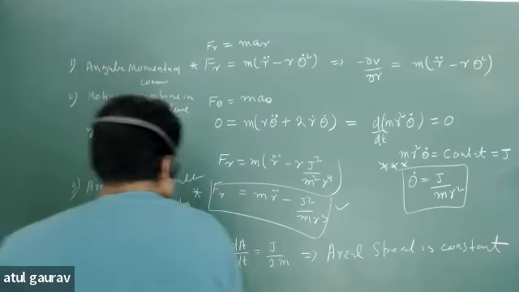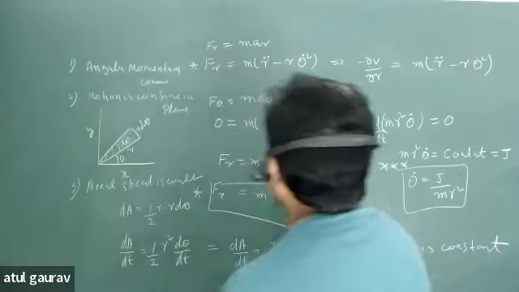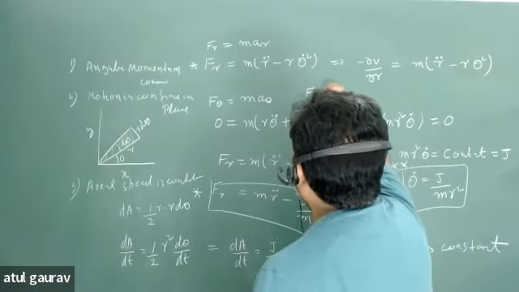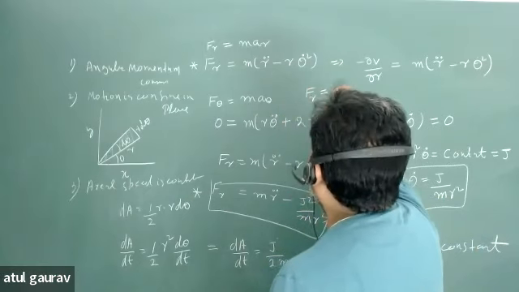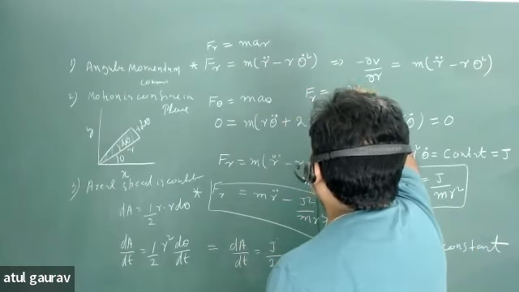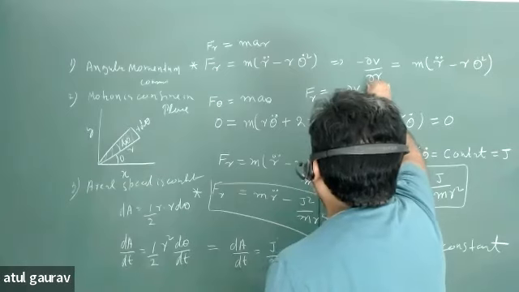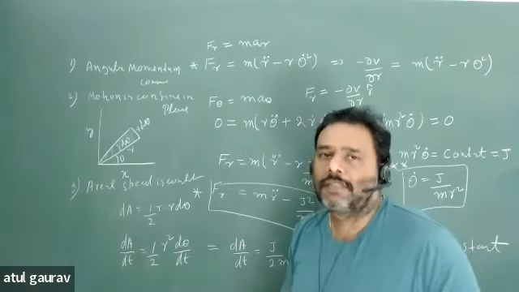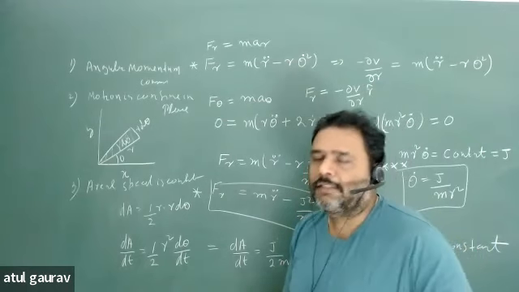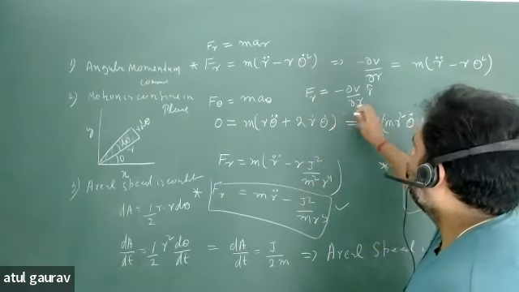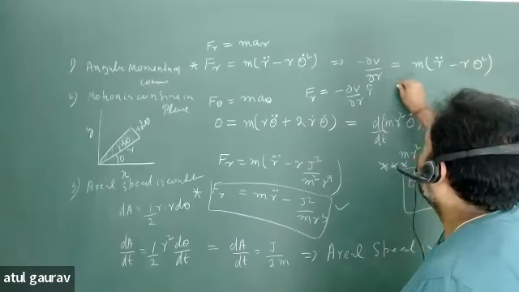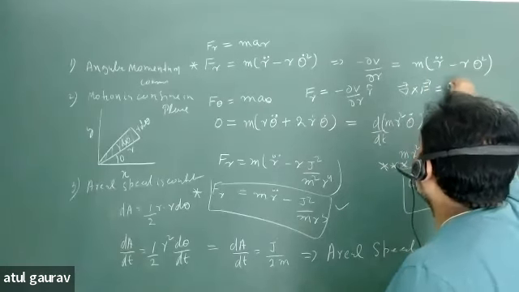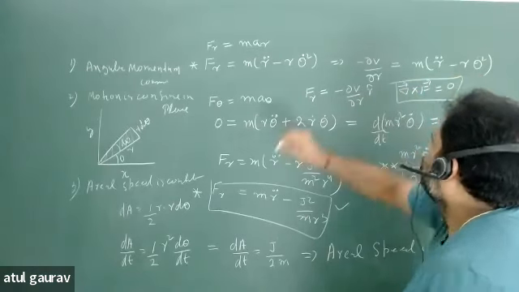And the next term, you can see this force. You are going to calculate what the force is. The force is basically a radial force, minus del V upon del r in the r cap direction. This force is not a function of time, and the energy is not a function of time. So if you calculate del cross F, then del cross F is also going to be 0.